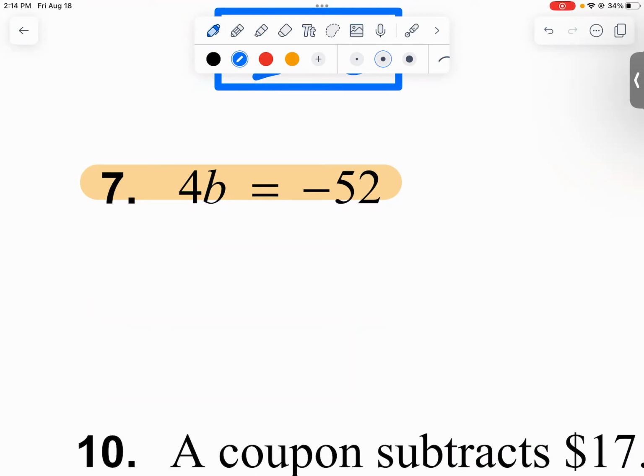Okay, Cassie, how do we solve for B in number 7? Okay, well, it would be negative. Oh my bad, I'm looking at it, I'm sorry. I think it's just 13, isn't it? Yeah.